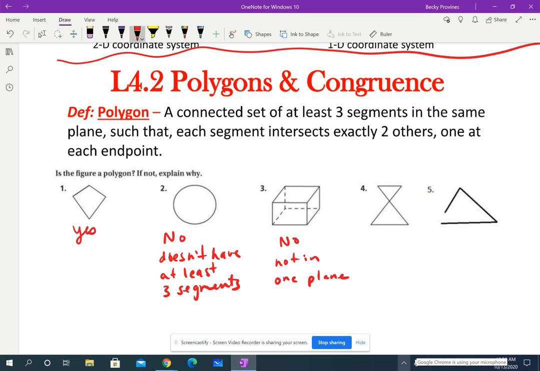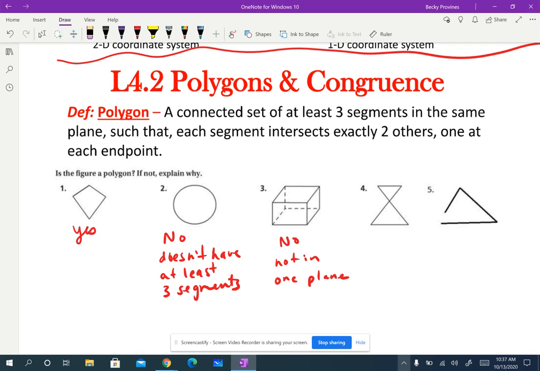Okay, number 4. Now, this is a tricky one. Because when you look at it, and if you only look at this part, that's a polygon. Or if you only look at this bottom part, that's a polygon. But when you look at it as a whole, it is not a polygon. So let's go through this. Is it a connected set of at least 3 segments? Check.